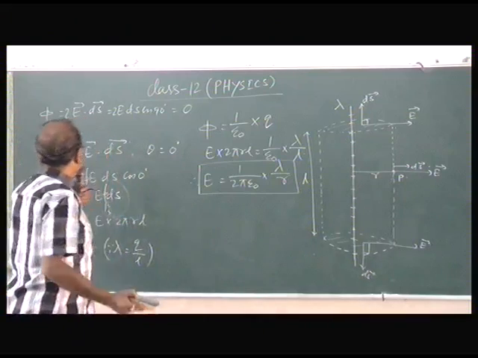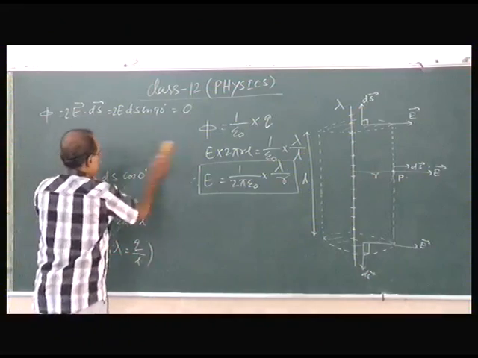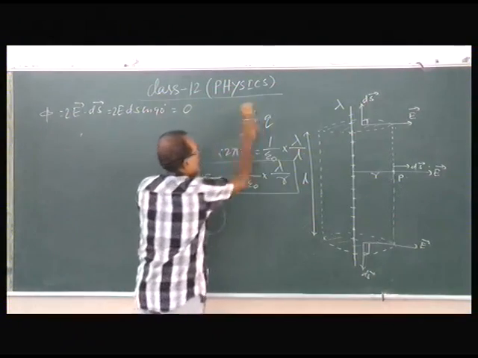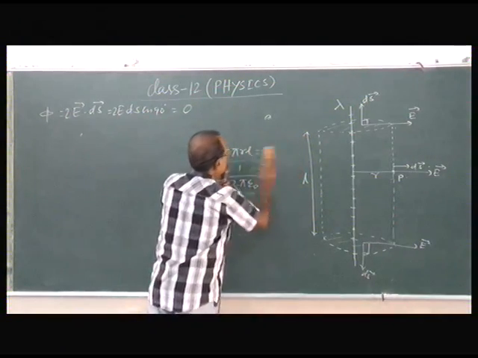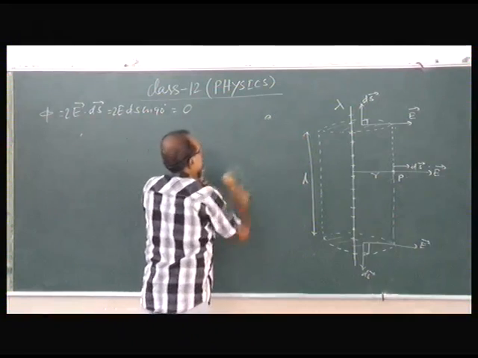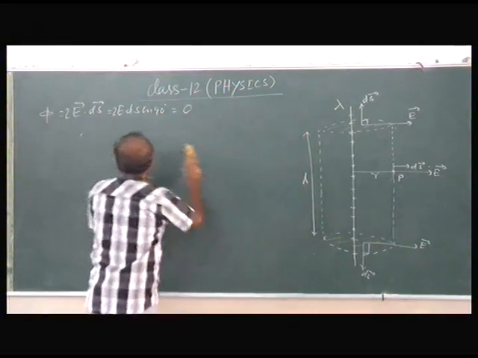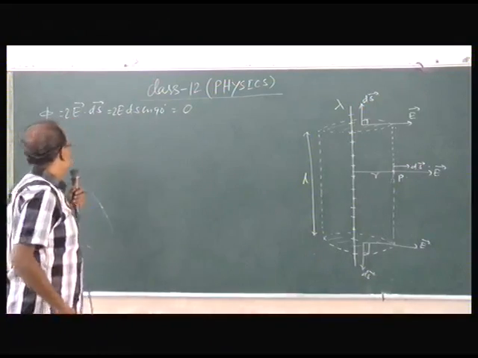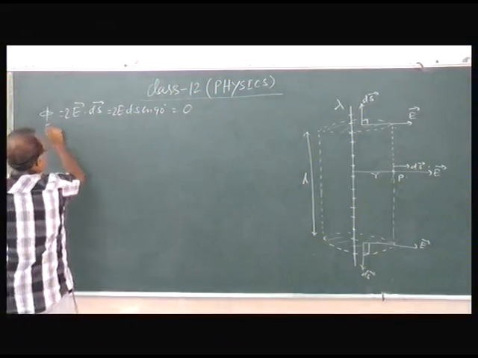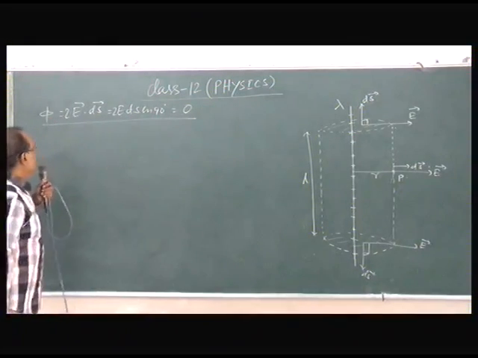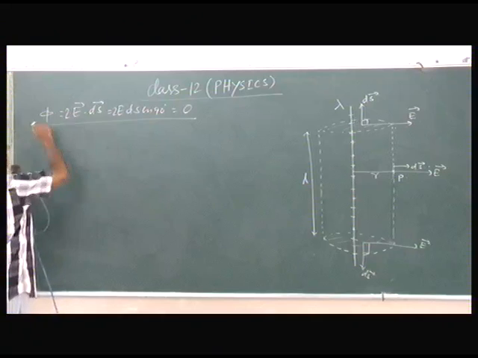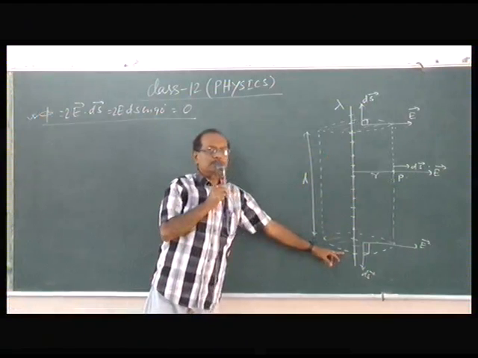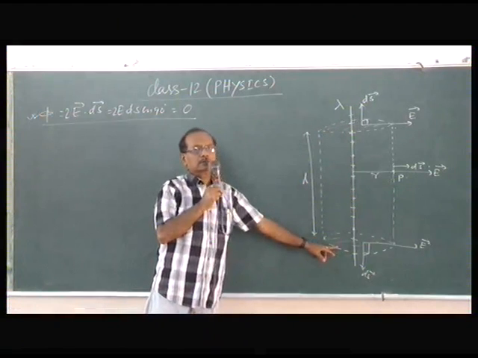Again I am doing this one, because these are very important. These are long derivations, and you have to know them properly. On the flat surfaces, electric flux will be 0.